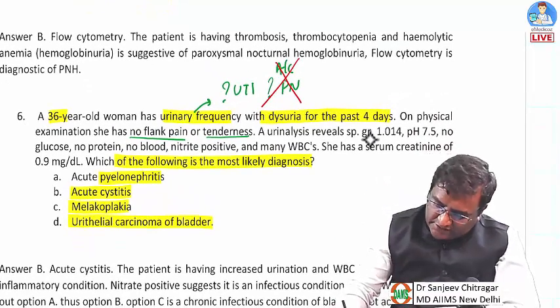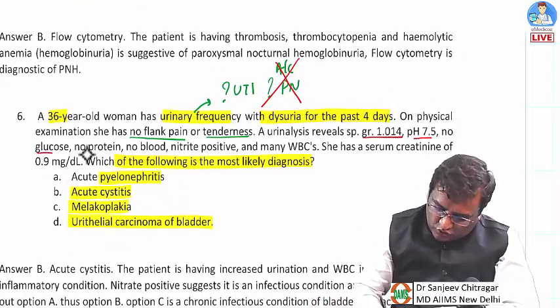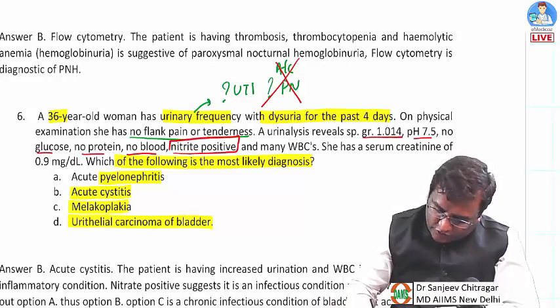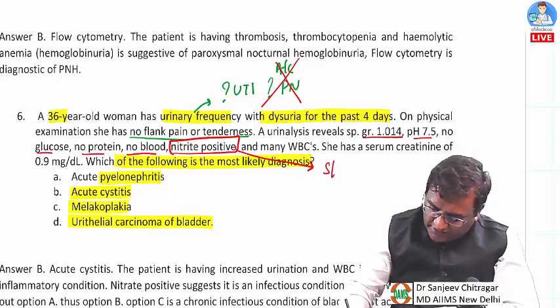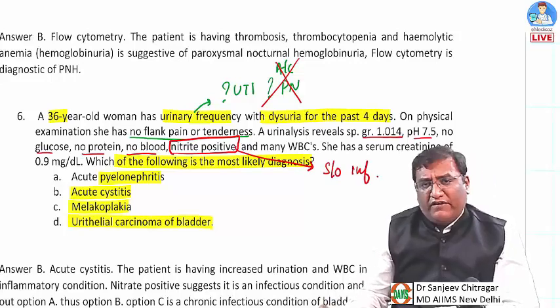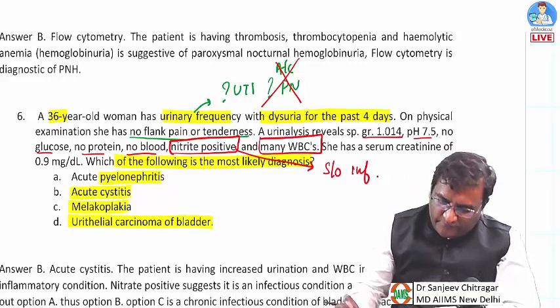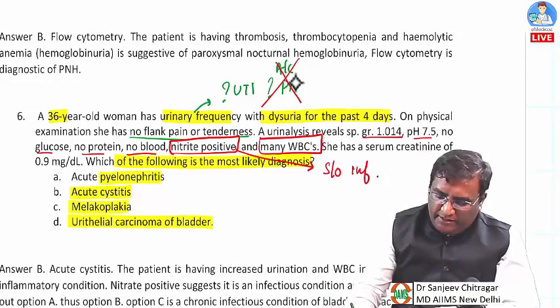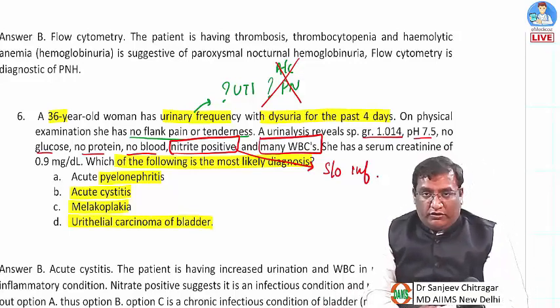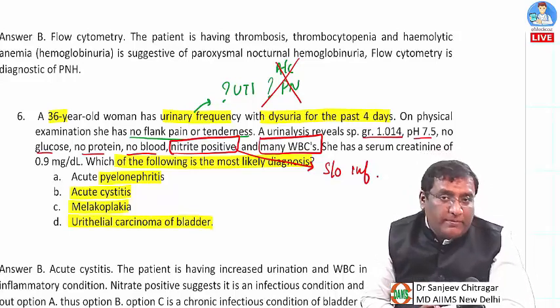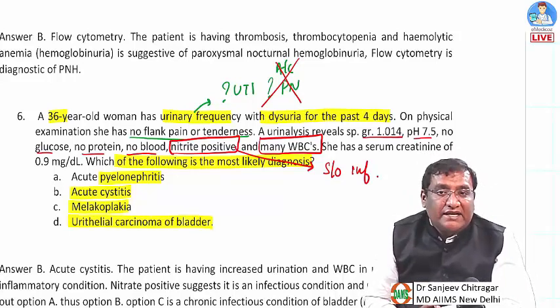Urine analysis: specific gravity of 1040, pH 7.5, no glucose, no protein, no blood. Nitrite test is positive, suggestive of infection, most commonly E. coli. There are many WBCs seen. Very important, no flank pain rules out acute pyelonephritis. Also, if it was pyelonephritis, you would have seen WBC casts as well.